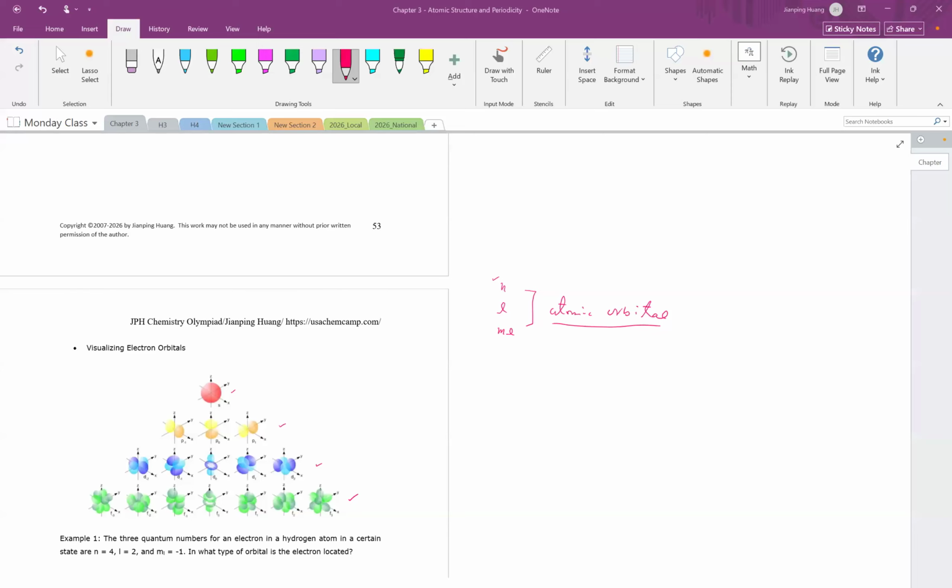That's the principal quantum number. And l is the subshell of the shell; it determines the shape of a subshell, or the shape of an atomic orbital. ml, the magnetic quantum number, determines how many individual orbitals are within a subshell.